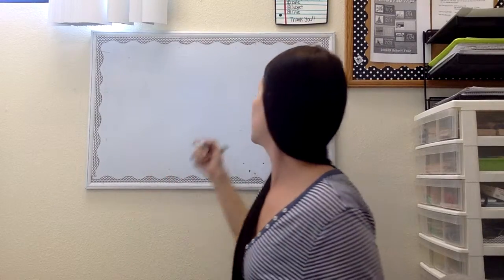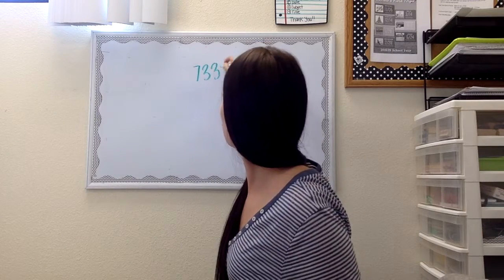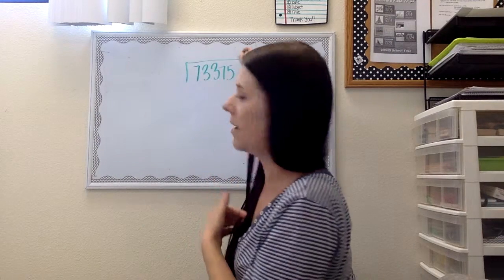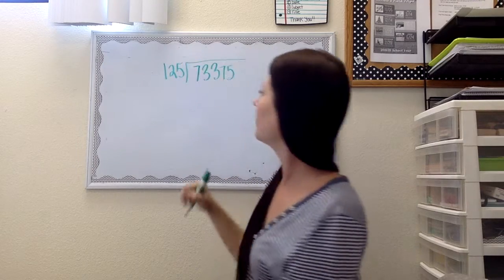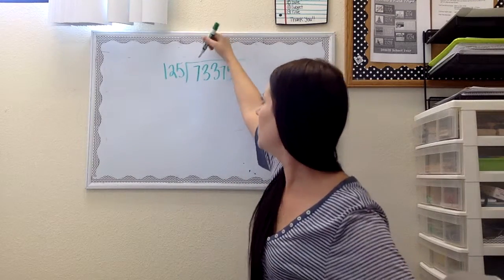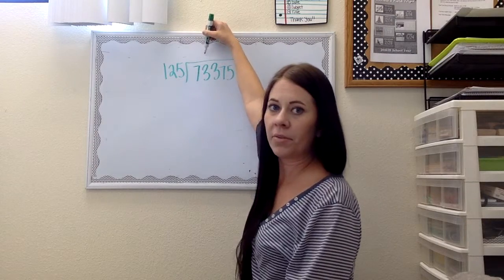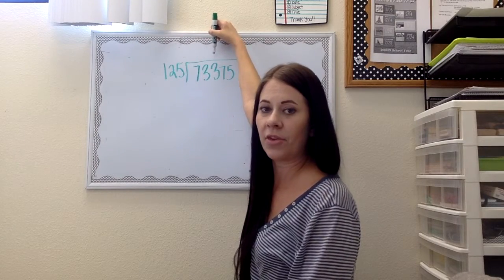So our next problem, let's switch up the color here, is 73,375 divided by 125. Okay, so I'm not putting a 125 in a 7 or a 3, but I am putting it into a 733.